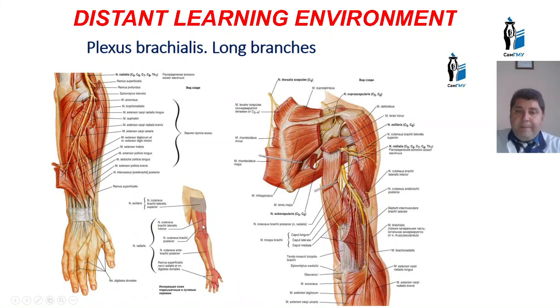You may see the posterior and lateral cutaneous nerves of the brachium or arm, and also the posterior antebrachial cutaneous nerve for innervation of the dorsal part of skin of the forearm, and also the area of innervation of the dorsal surface of skin of the hand.